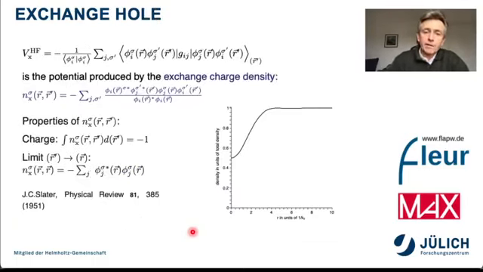Now you can interpret this, as I told you, as a potential which depends now not on a single spatial coordinate but on two spatial coordinates, r and r prime, as a non-local potential, and you can think that this is created by a density, again a non-local density, given by this expression here.